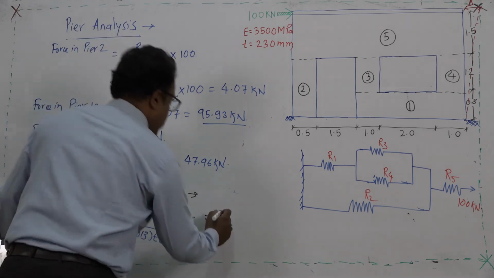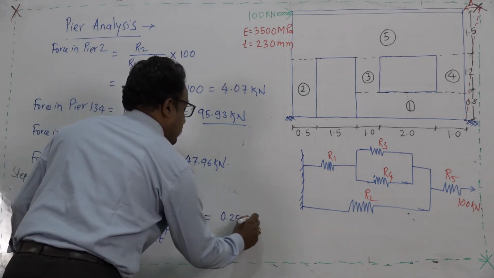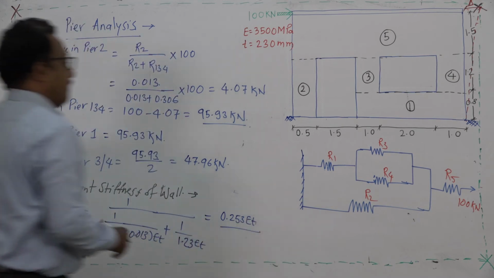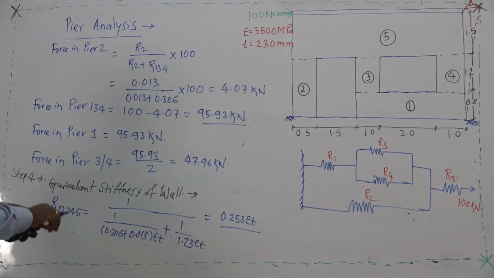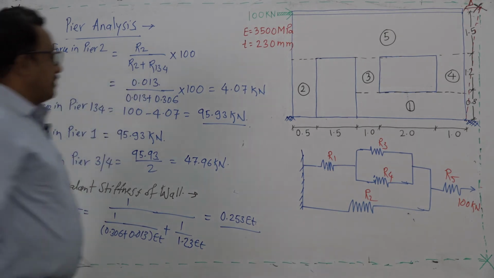So, if you work out this, then 0.253 ET. So, this is the equivalent stiffness of the entire system.